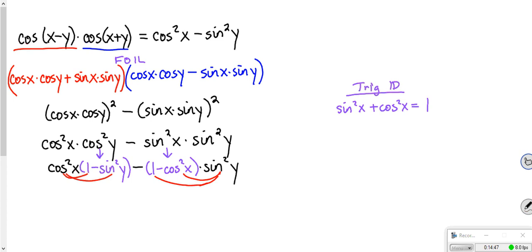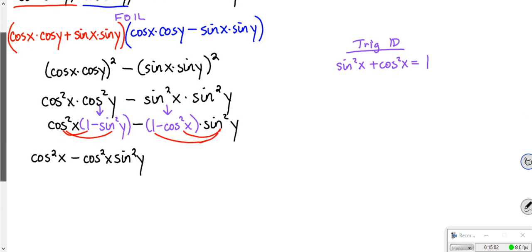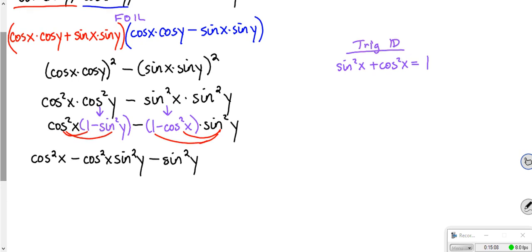So this is going to give me cosine squared x minus cosine squared x times sine squared y, minus sine squared y, plus cosine squared x sine squared y.